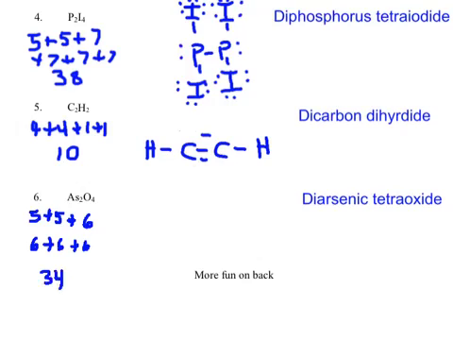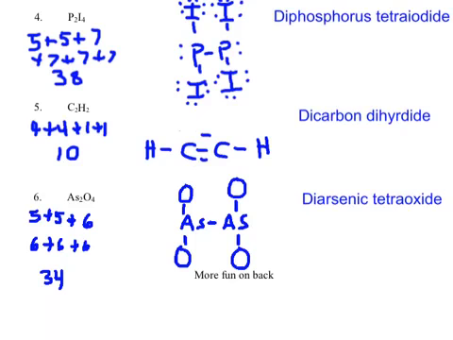I'm going to put the arsenics in the middle. I'm going to connect them to each other with a single bond. Now I'm going to symmetrically distribute the oxygens around this core. So I'm going to put an oxygen here, and an oxygen here, an oxygen here, and an oxygen here. I'll now connect the oxygens to the center with single bonds.